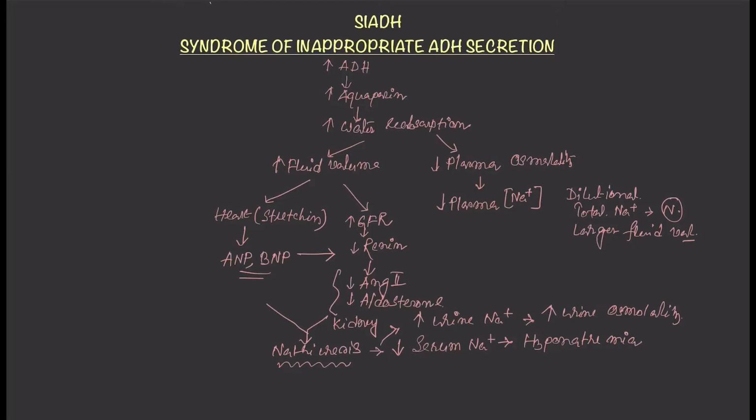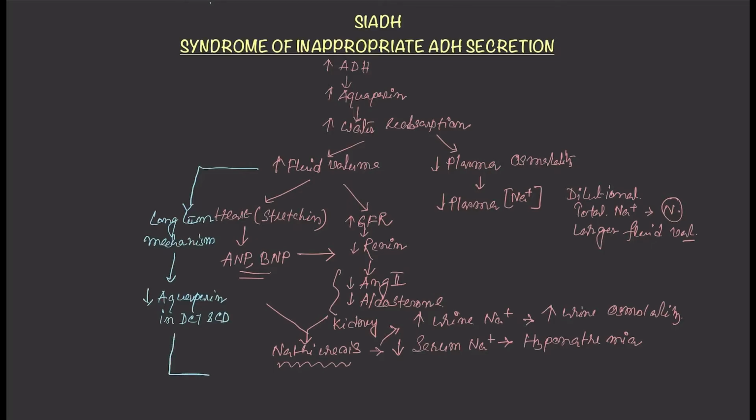This decrease in aldosterone and increase in natriuretic peptide tends to cause diuresis also, which will cause increased loss of water in urine. As well as, by a long-term poorly understood mechanism, there will be a decrease in the availability of aquaporin channels in the distal convoluted tubule and the collecting duct of the renal tubule.